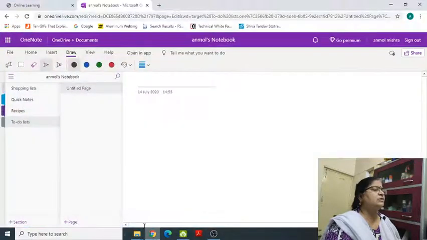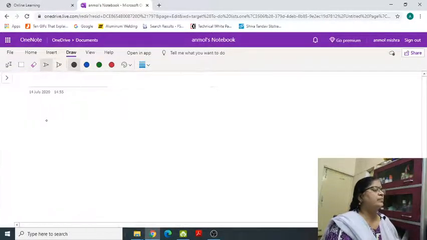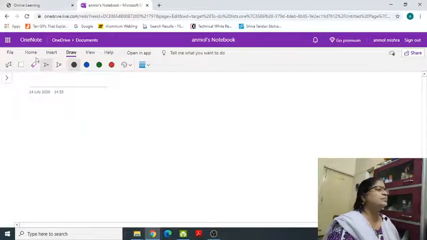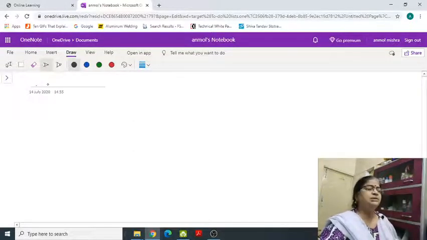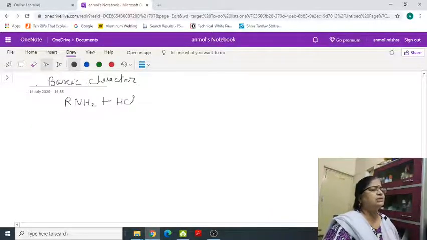Under it, first we will study the basic character of amines. Amines react with acid to form salt.